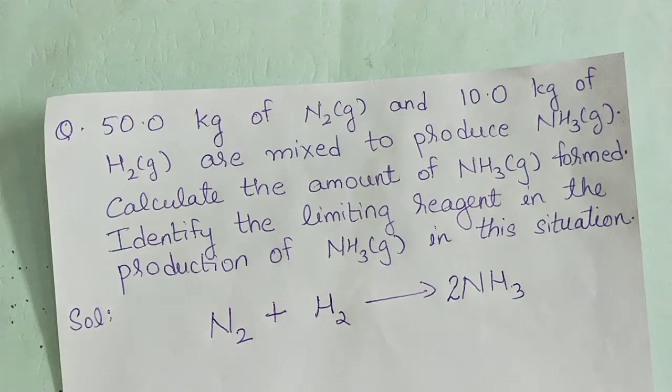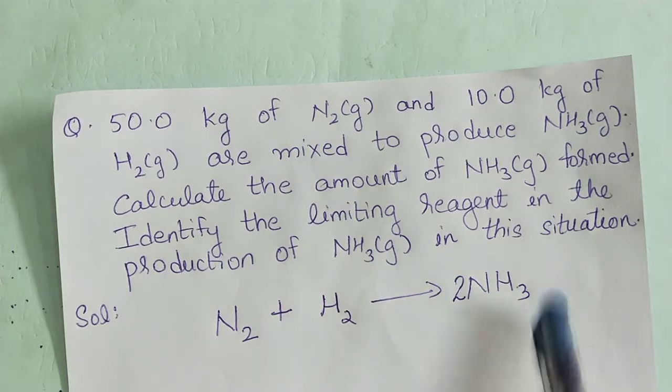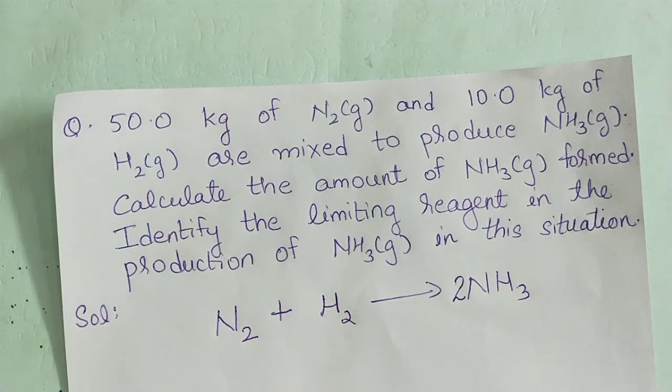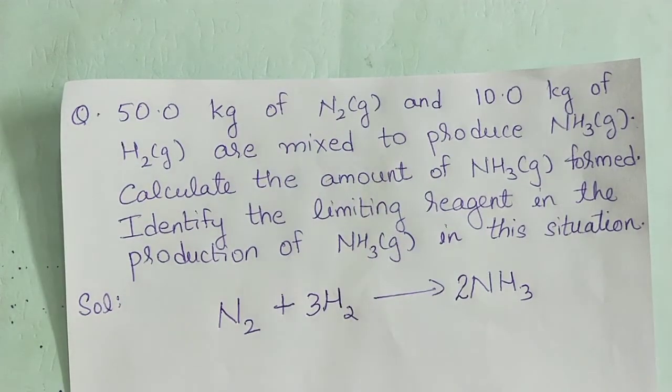Now, when we increase the number of nitrogen, there is an increase in the number of hydrogen on the product side. It becomes 6. But on the reactant side, we only have 2 hydrogen at present. So we'll add a coefficient of 3 to make 6 hydrogen on the reactant side.